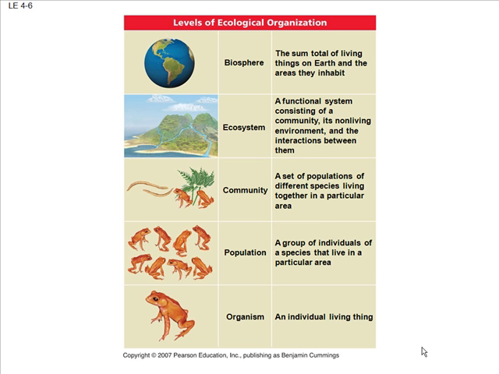So again, interactions with weather and temperature and water, minerals, nutrients, those sort of things. And the biosphere is the sum total of all living things on Earth, and the habitats are areas they inhabit.